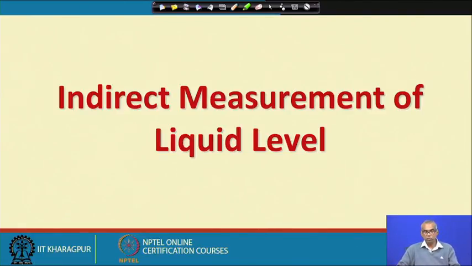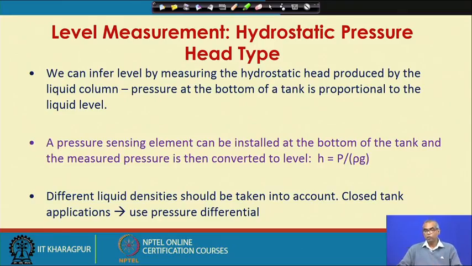Now, we will talk about indirect measurement of liquid level, and we will start with the hydrostatic pressure head type. We can infer liquid level by measuring the hydrostatic head produced by the liquid column. Pressure at the bottom of a tank is proportional to the liquid level.